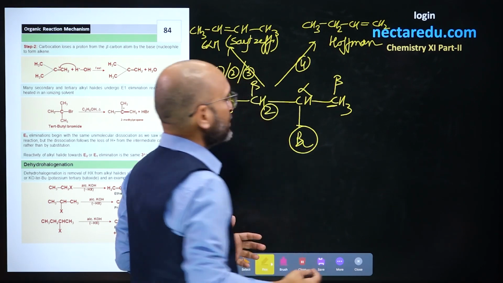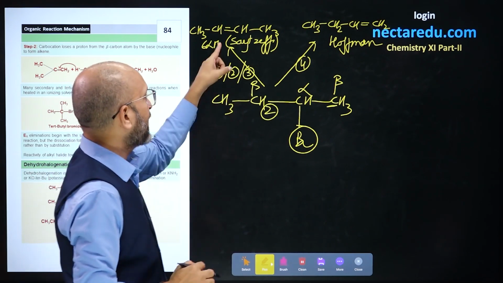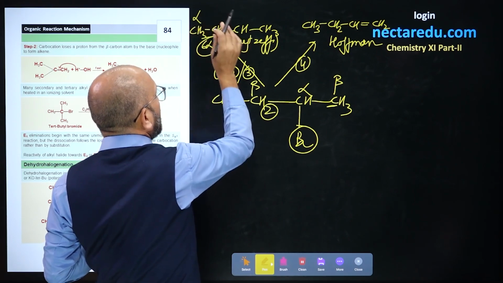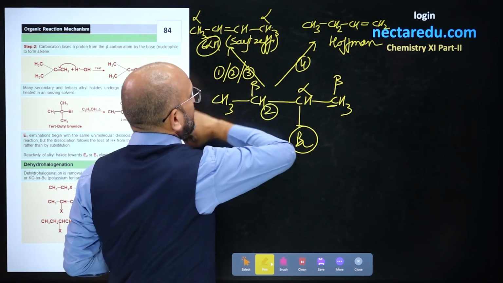So it depends on which type of reagent you are taking. This has 6 alpha hydrogens. Alpha hydrogens are hydrogens present on the carbon adjacent to the double-bonded atom. So these are alpha carbons, 3 plus 3, 6 alpha hydrogens.